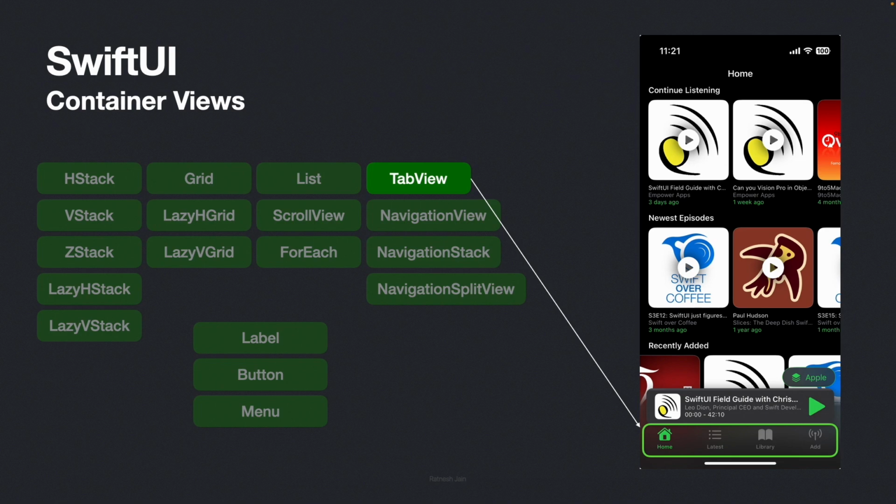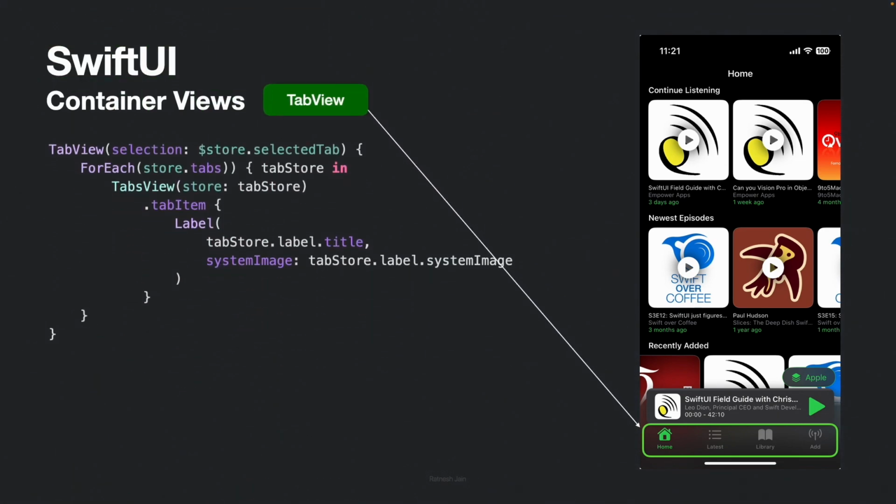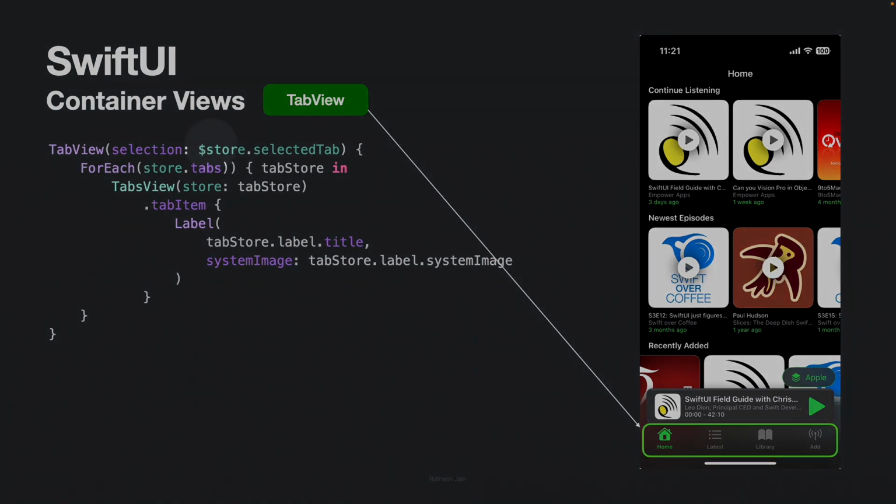Then we have the tab view. Okay, so this is a simple tab view, but I have a dynamic tab, so I'm also using ForEach here. So this is kind of ForEach repetition. Yeah, but tab view also takes a selection. So we can get the current selected tab from the store, and we can have the tabs, which is also dynamic, so we are using ForEach.